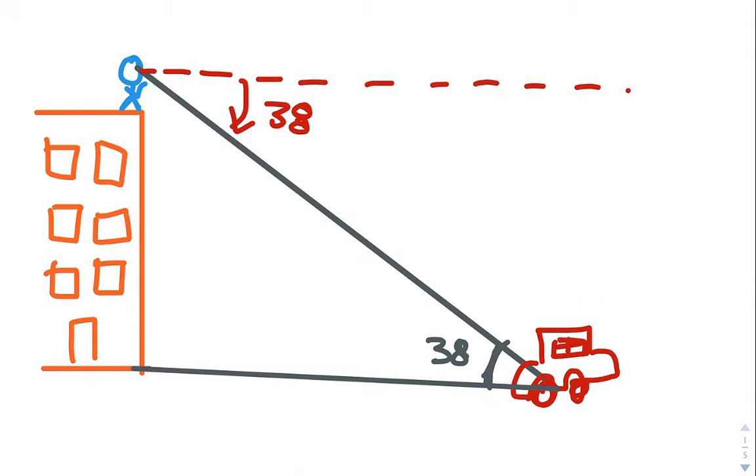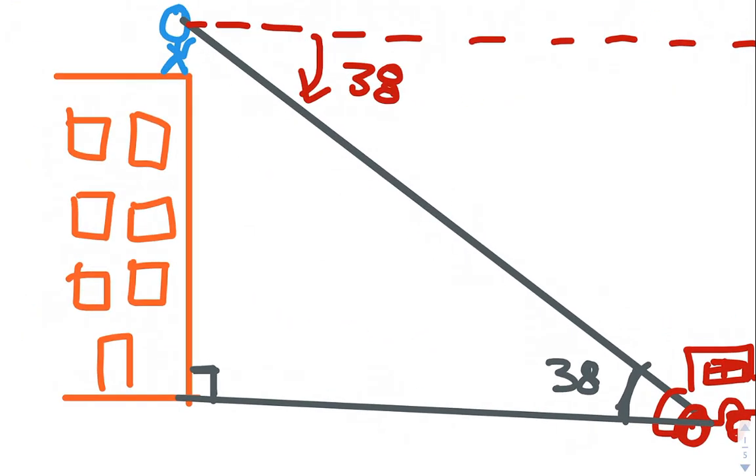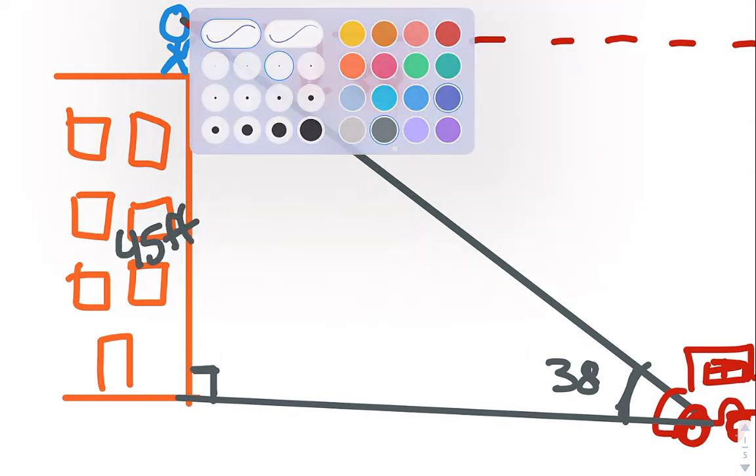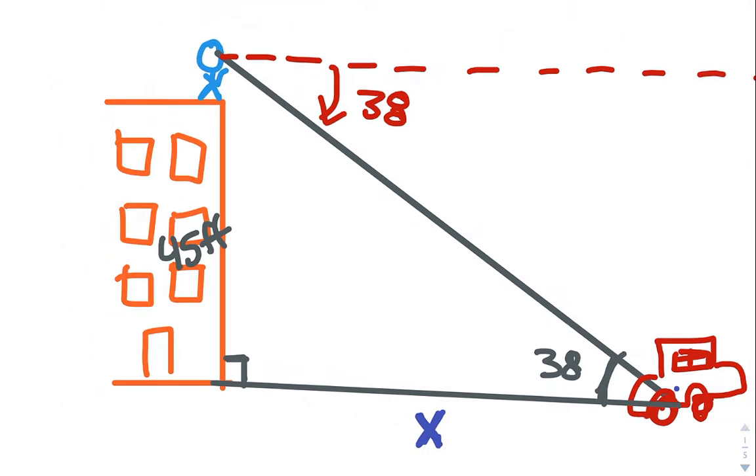In order to do trig, you need a right angle. A school building isn't built on a slant, so I can assume this is a right angle right here. It says the school is 45 feet tall, and it wants me to find the distance between the school and the car.